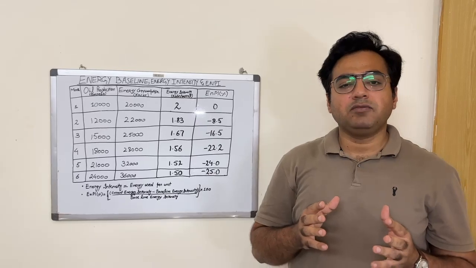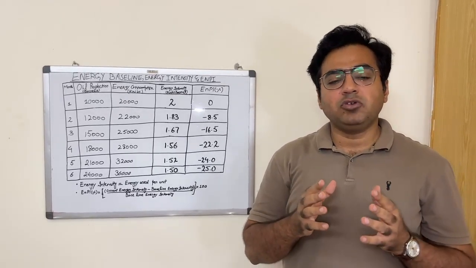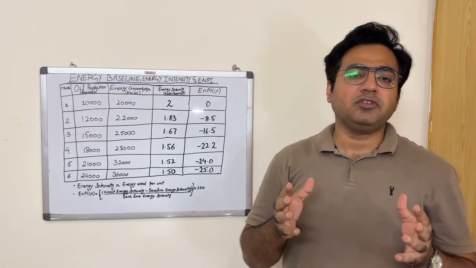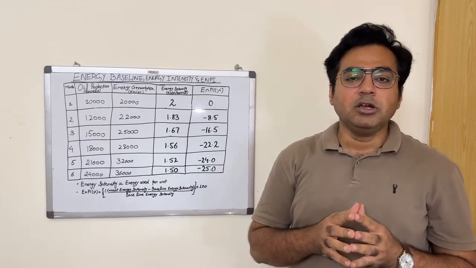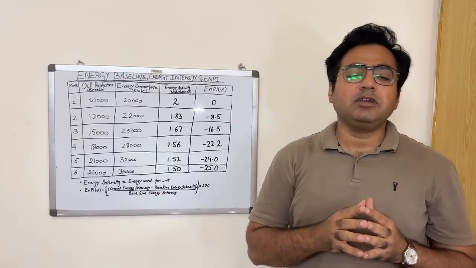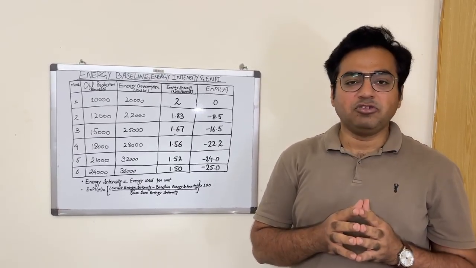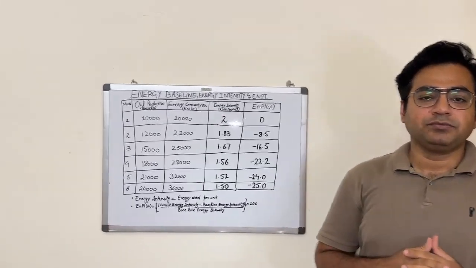Many people are confused about the concept of energy baseline and they are unable to differentiate between the energy intensity and energy performance indicator. So today in this video we will cover, in a very easy way, the difference between energy baseline, energy intensity and energy performance indicators.